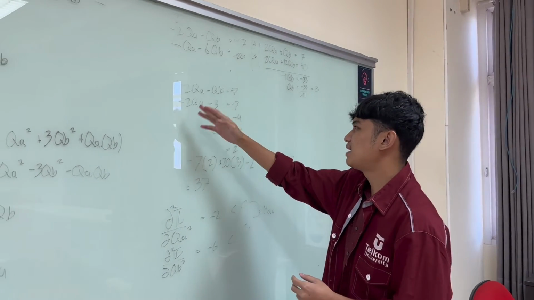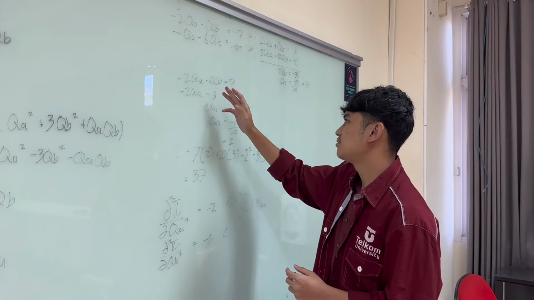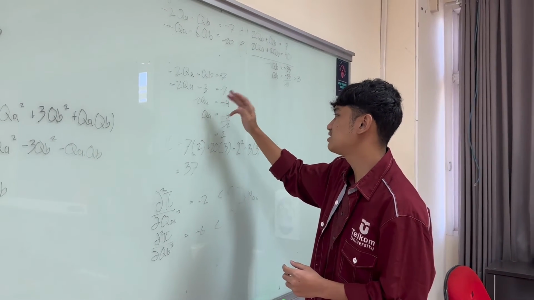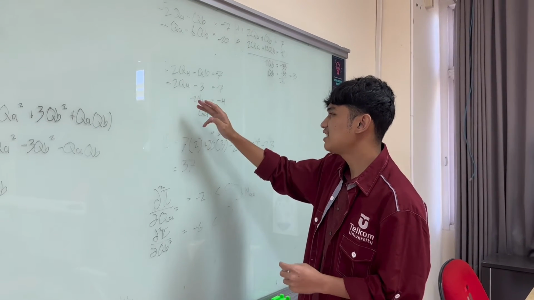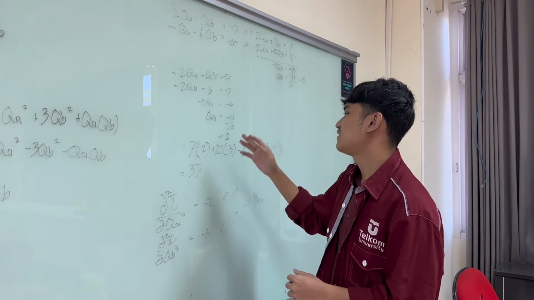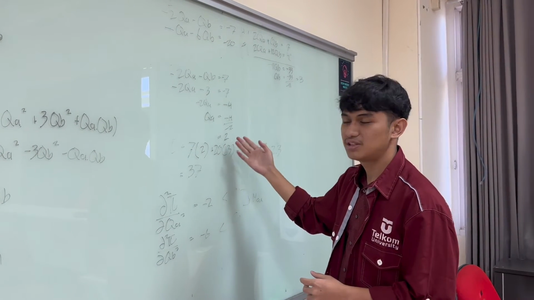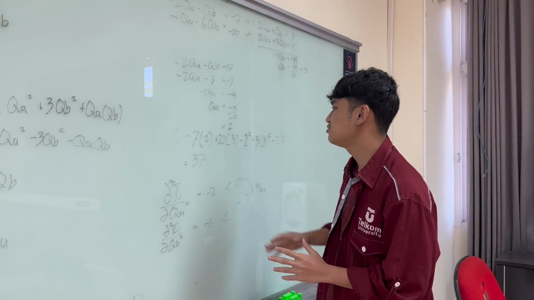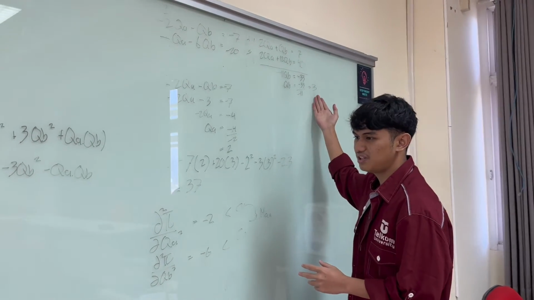We use the formula 7 minus 2 QA minus QB equals 0, replace QB with 3 to find QA. After we calculate, we found that QA is equal to 2. So now we know the QA value is 2 and the QB value is 3.